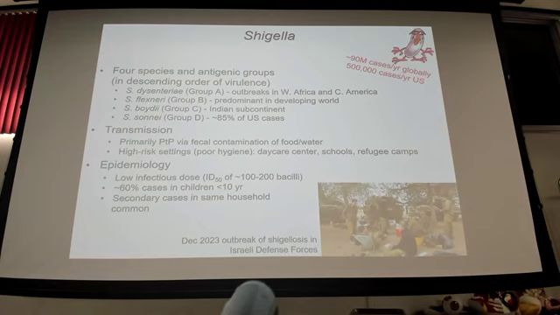In terms of transmission, primarily person to person, but given the fact that you have a really low LD50, there are implications for that. You can spread in close proximity to other people who have this infection because they're shedding bacteria in feces, and that can be aerosolized.